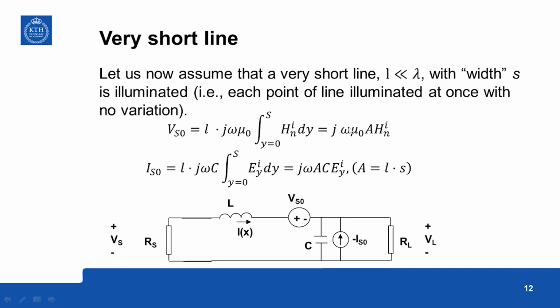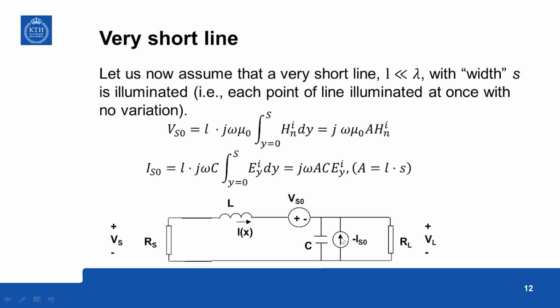So the voltage source is given by j omega mu 0 area times Hn. Here mu 0 Hn will give you the complete flux, and j omega and this flux phi will give you the rate of change of flux in the time domain.